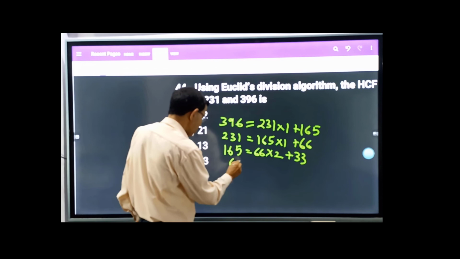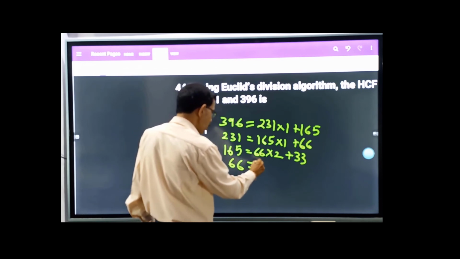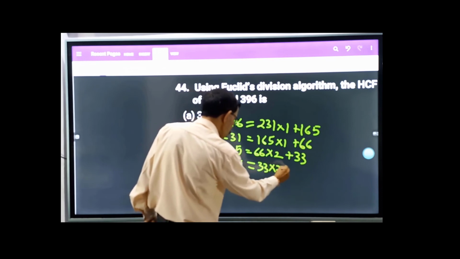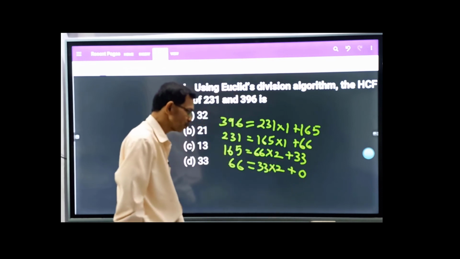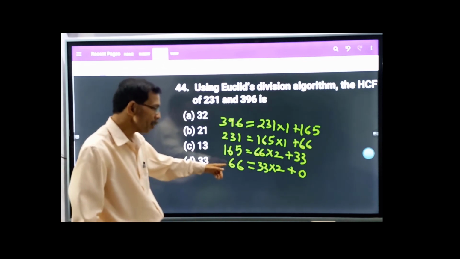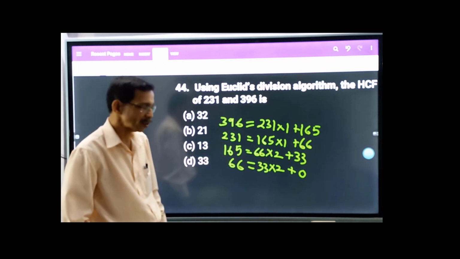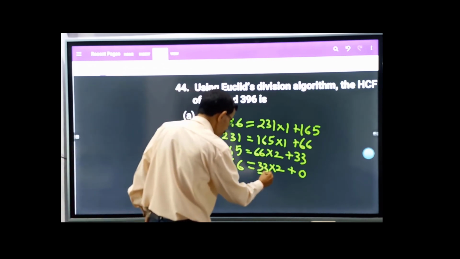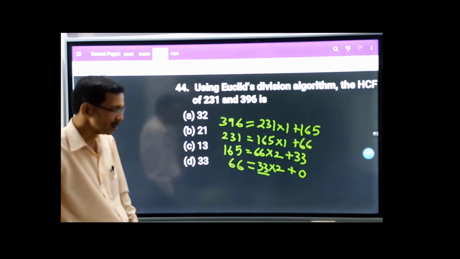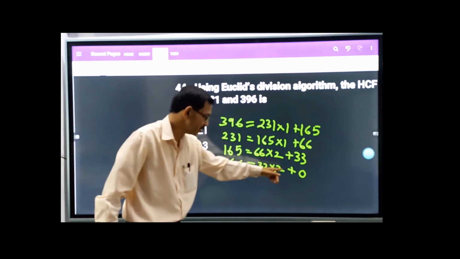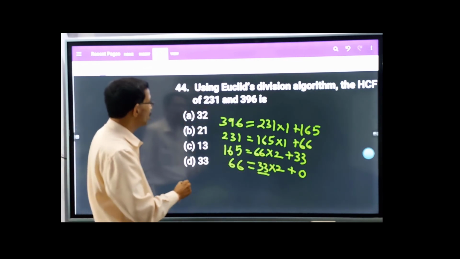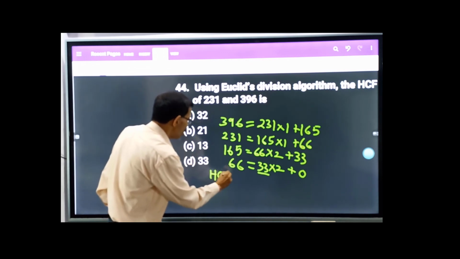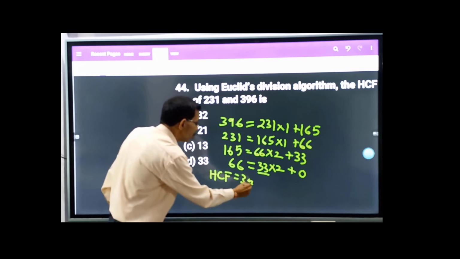Now this 66 I can write as 33 into 2, and the remainder will be 0. So you have to stop at the point where you get remainder equal to 0, and you take that number, which is 33. So here HCF is equal to 33.